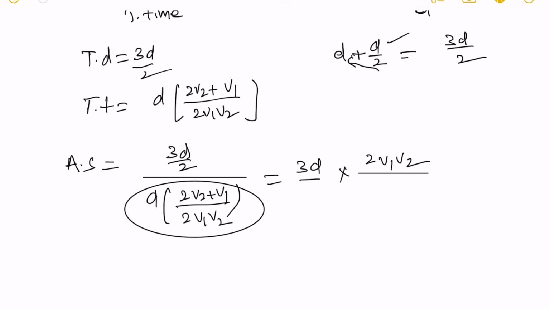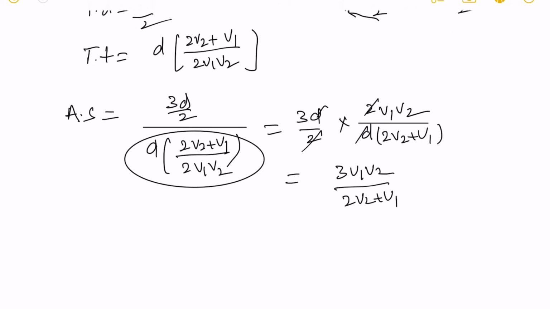v1v2 by d into 2v2 plus v1. So 2 cancels and d cancels. Then we get 3v1v2 by 2v2 plus v1. So here our speed is equal to 3v1v2 by 2v2 plus v1, which is nothing but v1 plus 2v2.